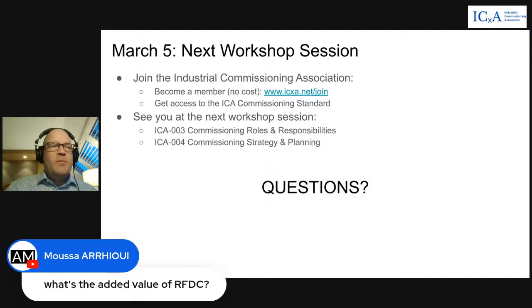This one can sometimes get blurred between static commissioning and dynamic commissioning, but when it comes to digitalization and implementation of your commissioning process in commissioning software, RFDC does become more important because it is a very specific milestone that needs to be achieved to confirm checklists are complete. There are no outstanding type A deficiencies, and any type Bs are tracked and monitored later in the project. So when you're implementing in commissioning software, RFDC is very important to make sure that gate in the commissioning process is achieved before moving to the next sequence.